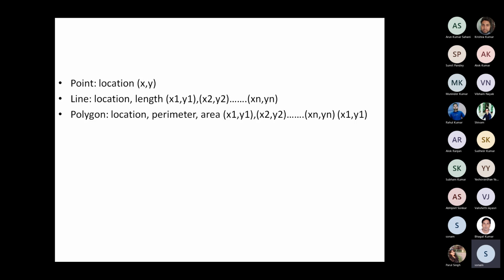Again, there will be an ordered set of points where the first and the last point will be the same. Although in today's time, the technology is more advanced, so if you check the coordinate set, the first and last are not the same, because it is automatically taken that the first and the last coordinate will be the same.